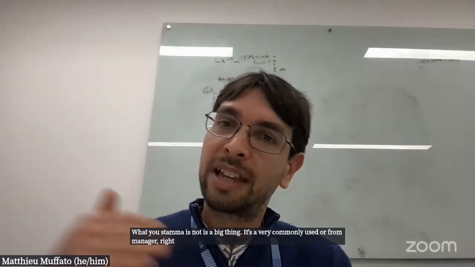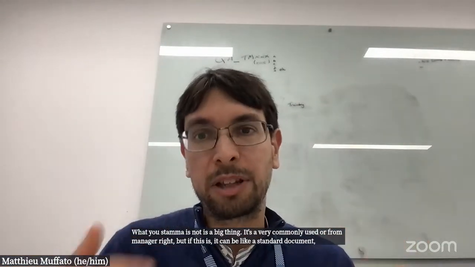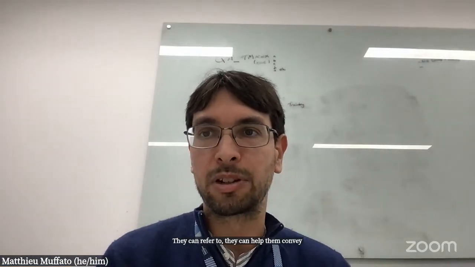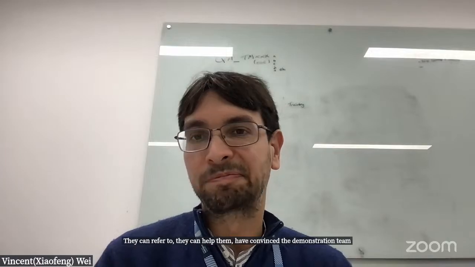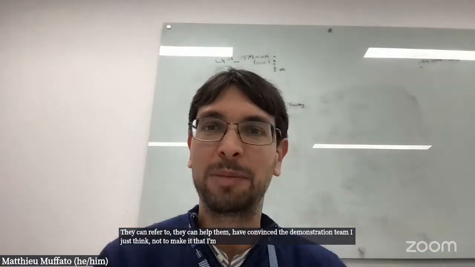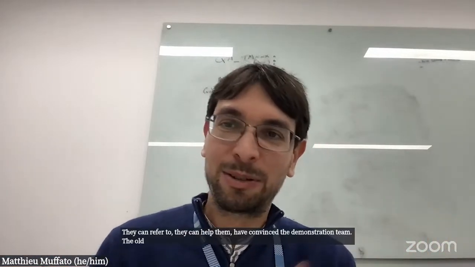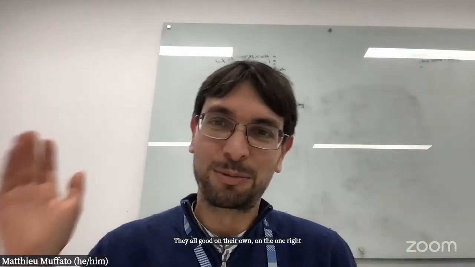If there is a standard document or policy that we can refer to, that can help convince the administration team. I'm not trying to promote one system only. They're all good systems in their own right. We just chose one and we follow it.